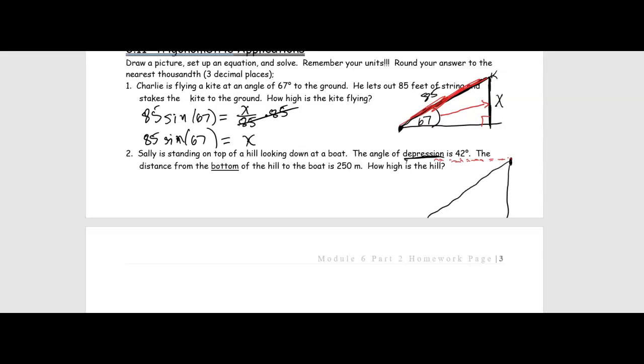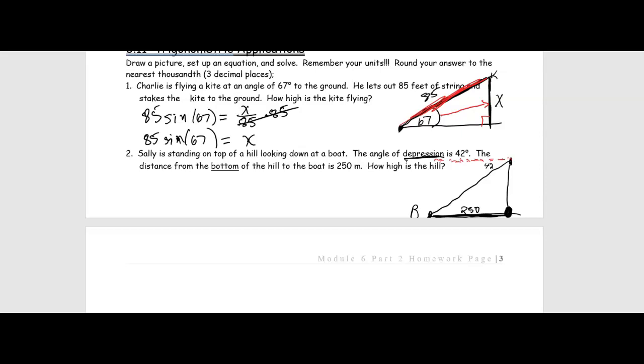So if she's looking down here at her boat, this angle here is 42 degrees. All right. Well, think about now, if the ground is our flat surface, the distance from the bottom of the hill to the boat, here's the bottom of the hill, here is our boat, this is 250. And then the question is, how high is the hill?